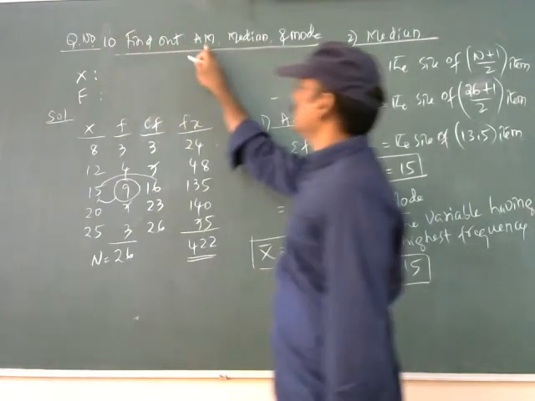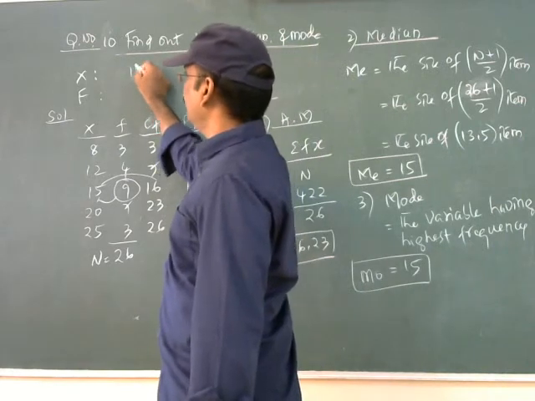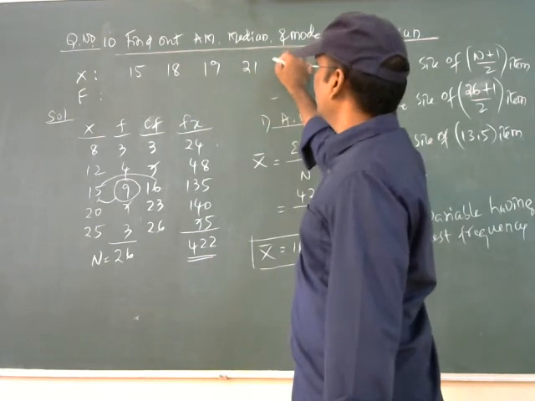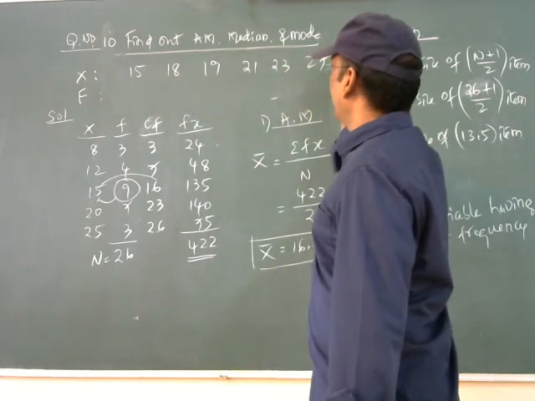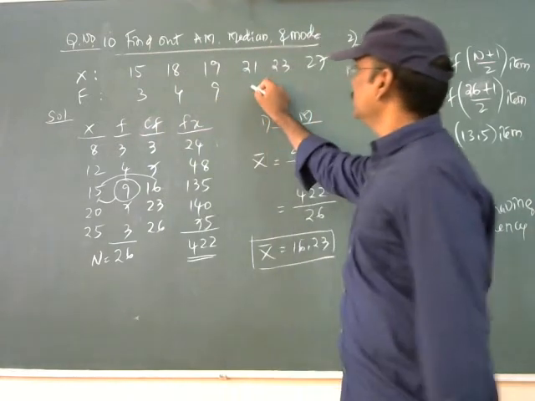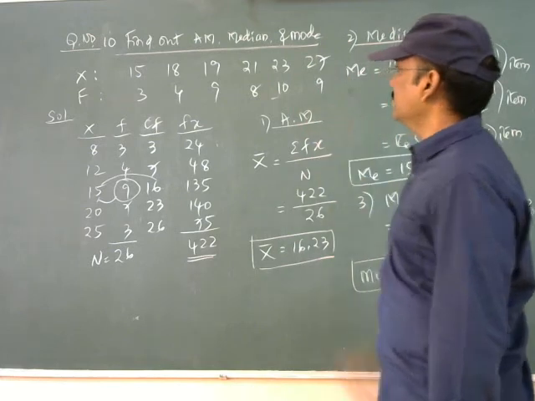Find out the mean, median, mode for the following. The variable is 15, 18, 19, 21, 23, 27. Frequency 3, 4, 9, 8, 10, last 9.